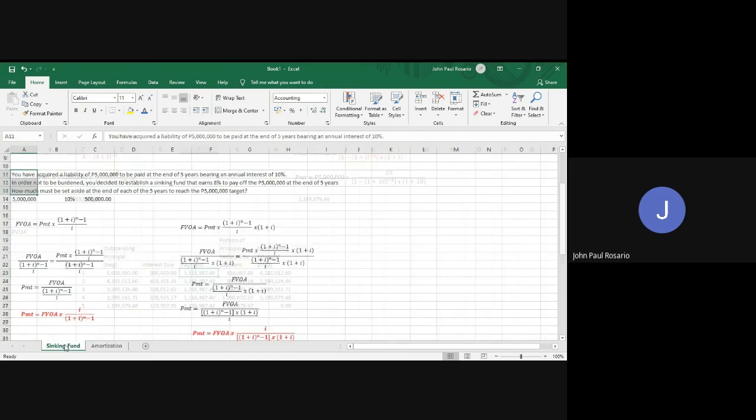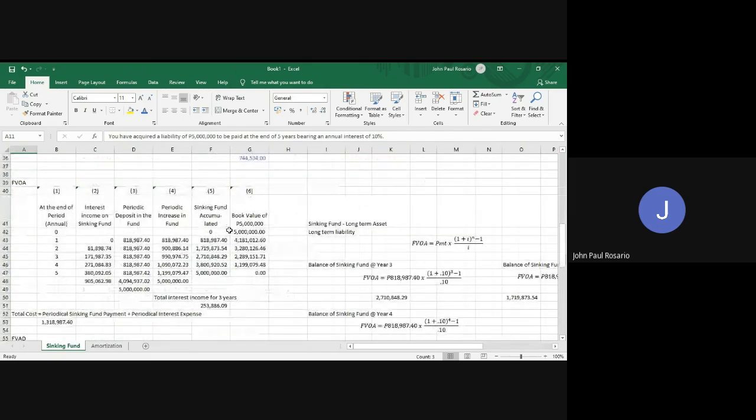Now, for our sinking fund, let's see what behavior we can see here. So, our interest income, of course, will always increase. And our periodic increase in the fund will also increase. Our periodic deposit in the fund is constant. And I think that's just it. So, more likely than not, for sinking fund, everything except for the periodic deposit, which is constant, is increasing.